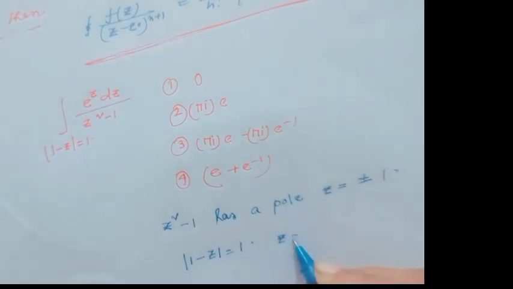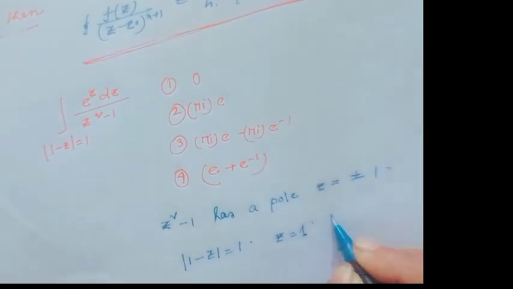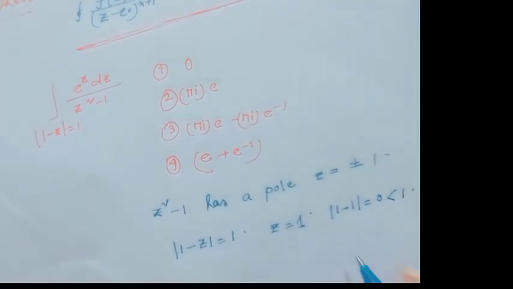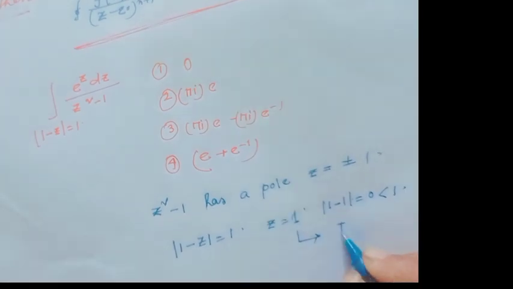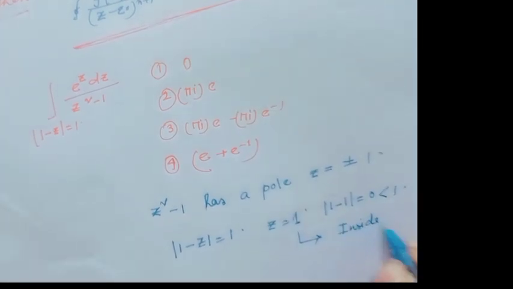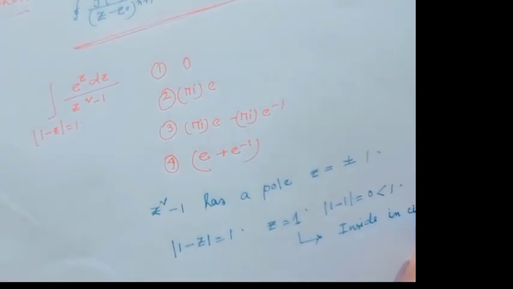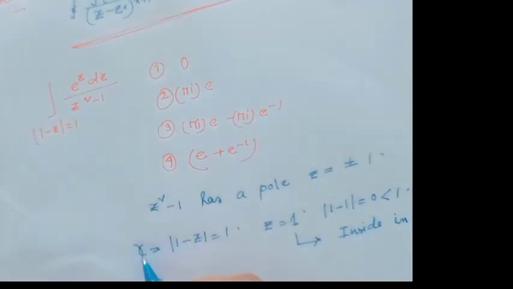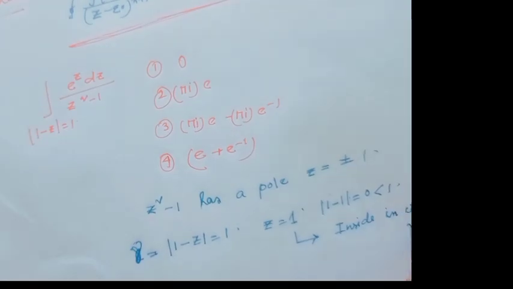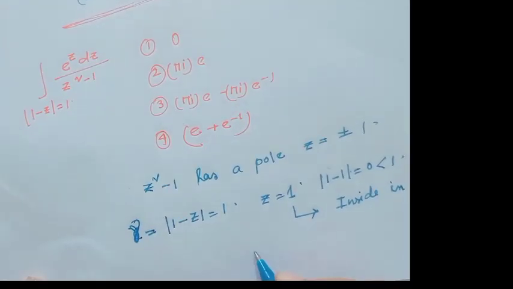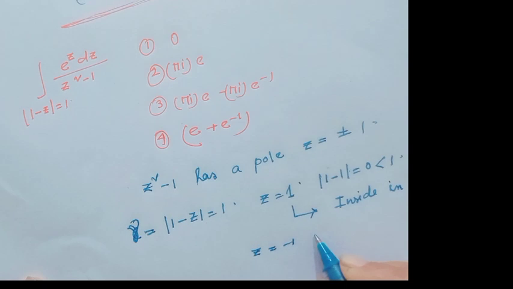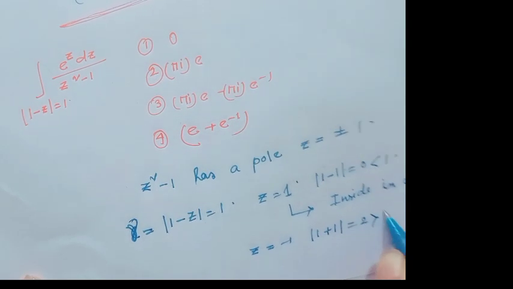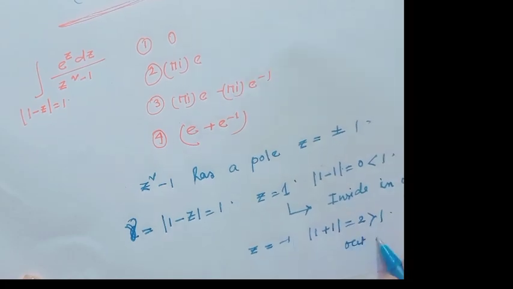When z equals 1, then 1 minus 1 equals 0, which is less than 1. That means z equal to 1 is inside the circle gamma. And for z equal to minus 1, mod of minus 1 minus 1 equals 2, and 2 is greater than 1, so this is outside the circle gamma.